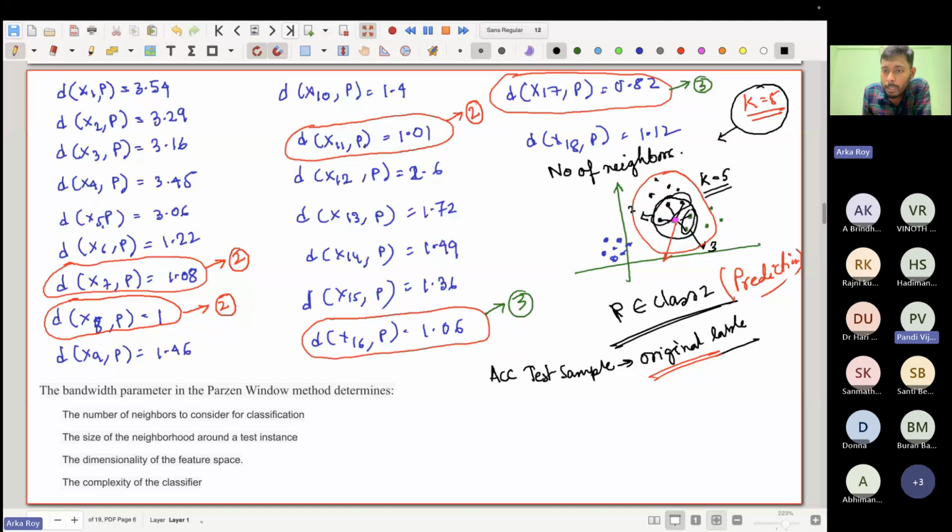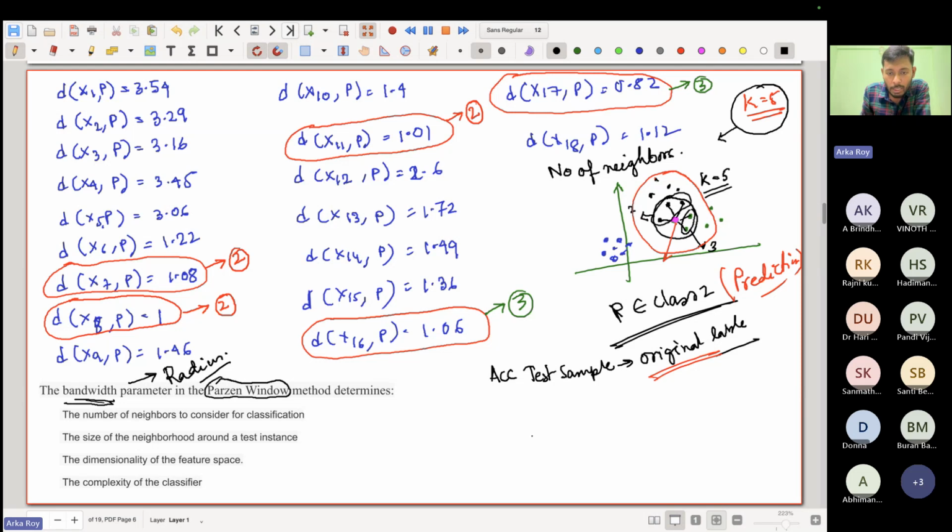Over here, you can see when I was talking about k equal to 5, I was only concerned about the number of neighbors. So this is the first neighbor, second neighbor, third neighbor, fourth neighbor, fifth neighbor. But in case of partition window, the bandwidth parameter is something analogous to radius.